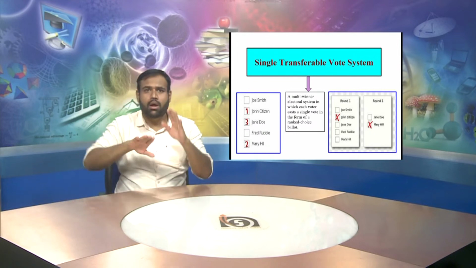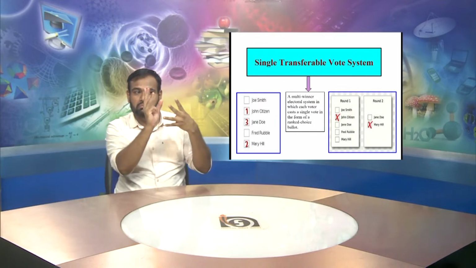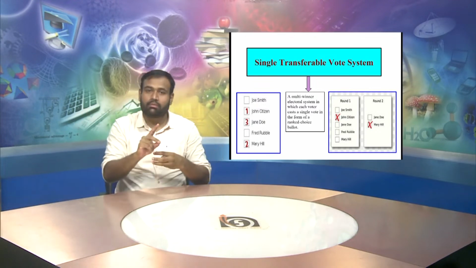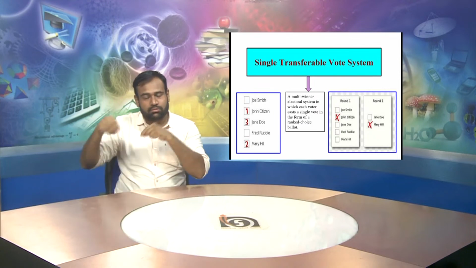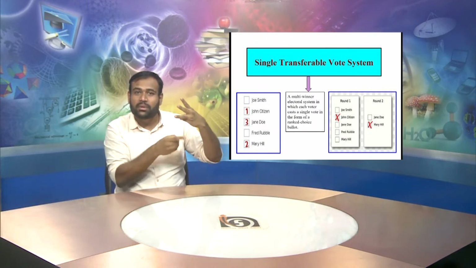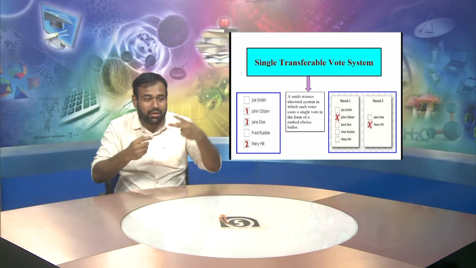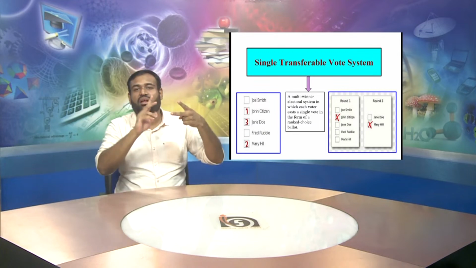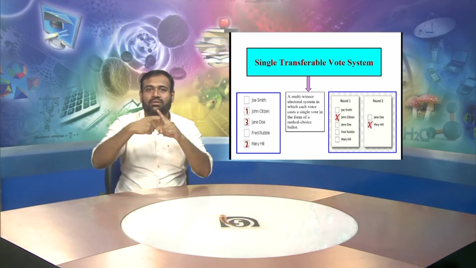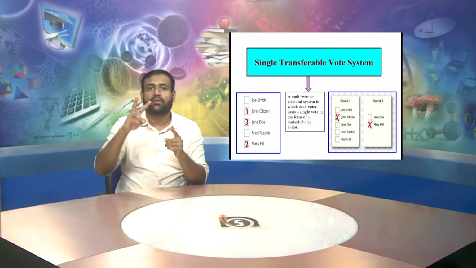In this, each voter gives a rank to a few of the candidates he or she wants to be chosen as the leader, and then all such votes together are counted and analyzed according to the single transferable vote system. So whoever has the greater number of votes is chosen and gets elected.